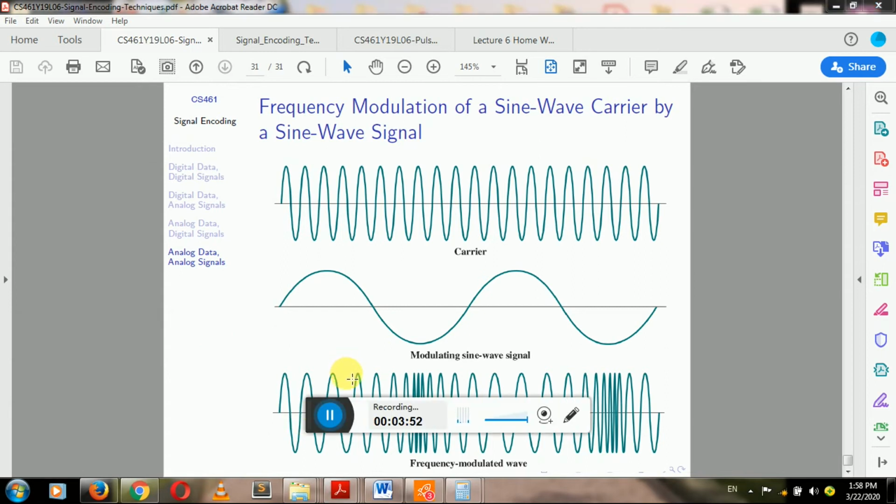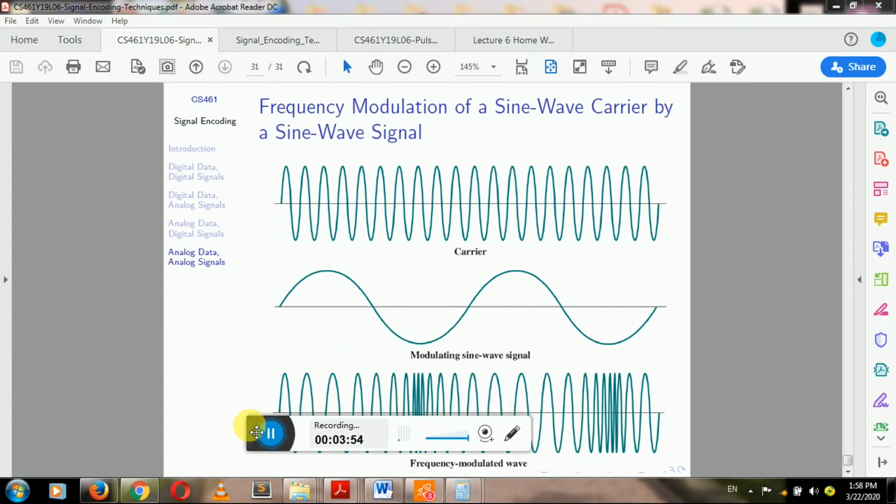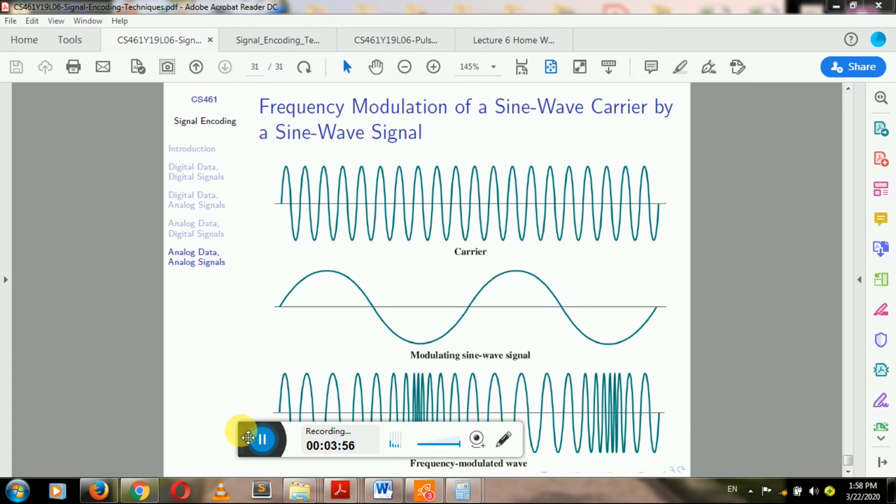Here we vary the carrier frequency slightly, so it is not exactly 102.1 megahertz. It varies over time as the input data, in our example, changes. So we have a lower frequency for a higher amplitude of our input data and a slightly higher frequency for a low amplitude voltage of our input data.